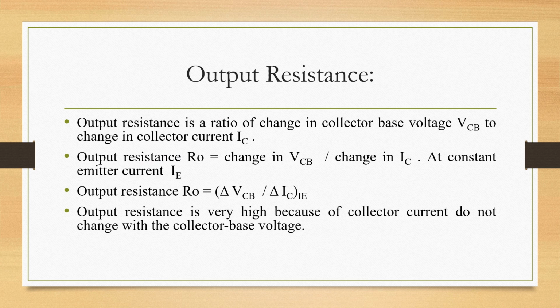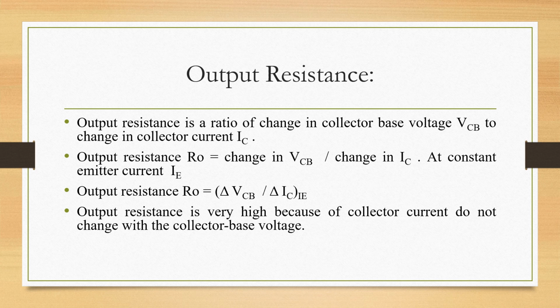Let us see the output resistance. What is the output resistance? The output resistance is a ratio of change in collector base voltage, that is VCB, to change in collector current, that is IC. So we can denote output resistance as RO is equal to change in VCB to change in IC at constant IE.